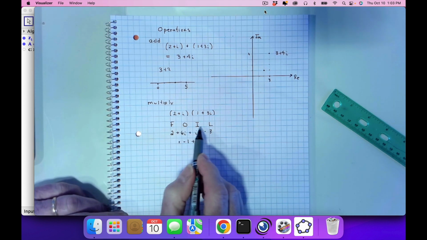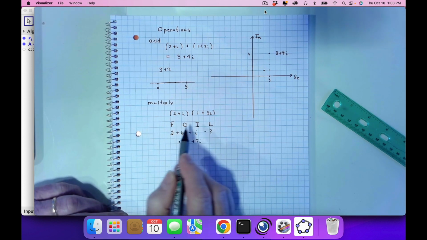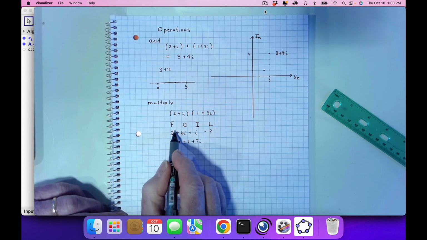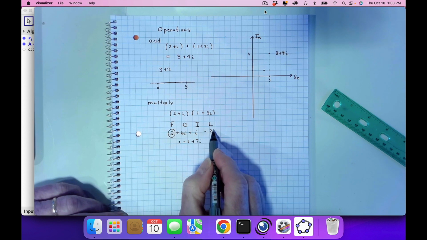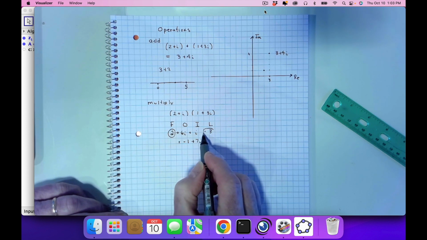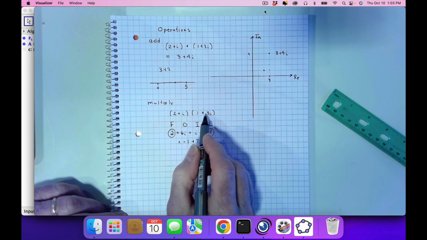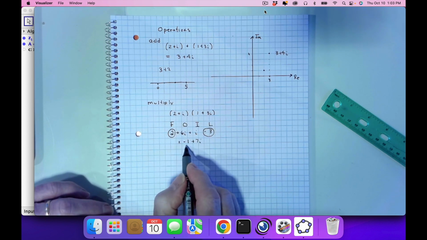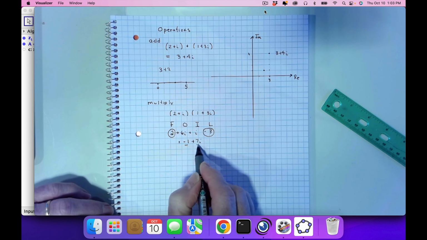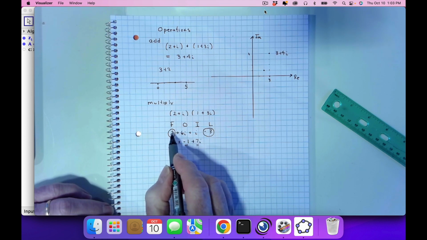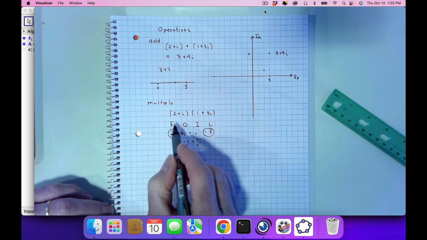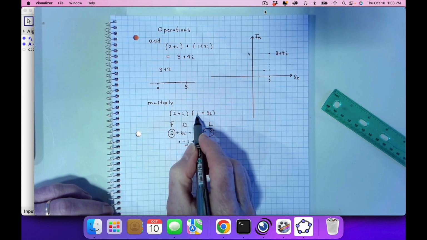When we carried out this multiplication, we noticed that the real part of our result came from the first and the last terms. That will always happen. When I multiply two complex numbers, I'm going to get a real part and I'm going to get an imaginary part. The real part came from multiplying the first terms and the last terms.